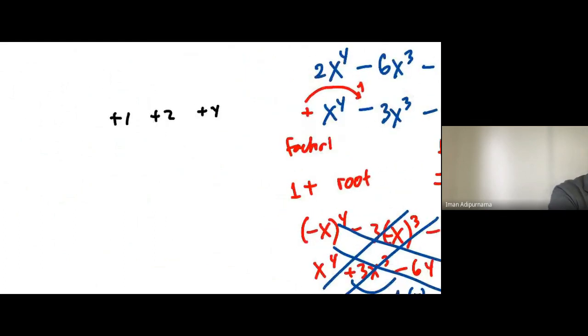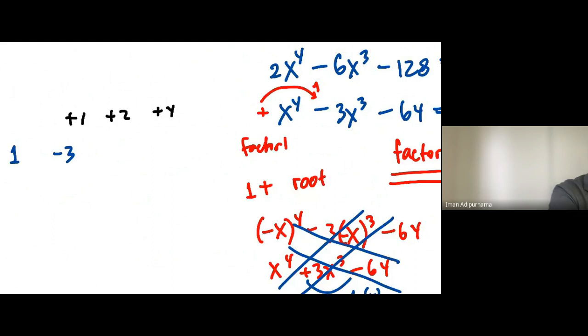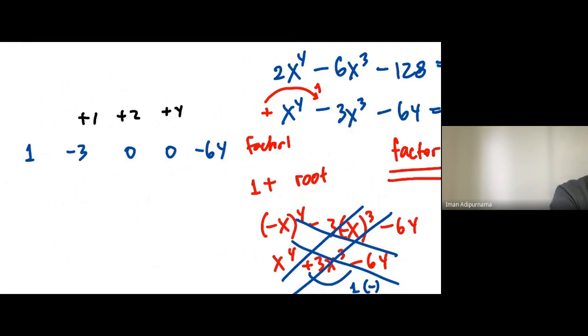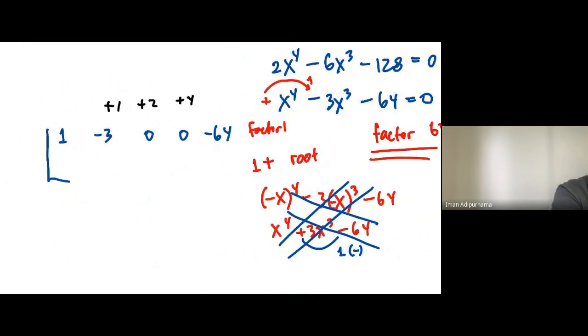So for the positive root, we take the coefficients 1, -3, 0, 0, and -64. If we do the polynomial division, synthetic division, take 1. This goes down here, multiply. I hope you still remember this method. And then we get, I don't think we will get 0 here, right?